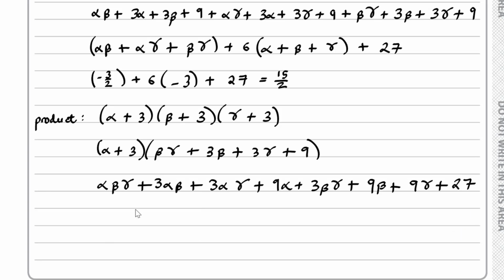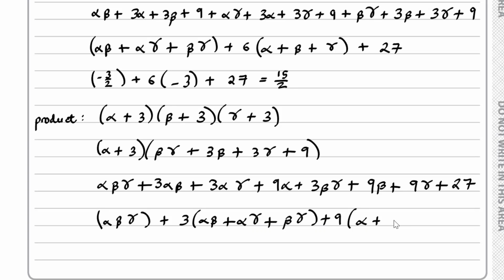If we tidy everything up, skipping a step there, we have alpha beta gamma plus 3 lots of alpha beta plus alpha gamma plus beta gamma, and then 9 lots of alpha plus beta plus gamma, and then the 27.